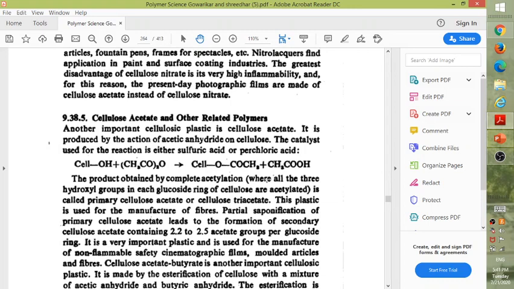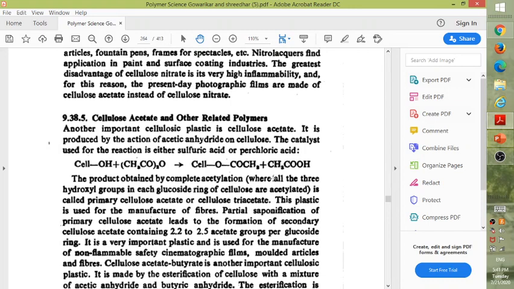You can easily represent cellulose by Cell-OH. Then cellulose acetate by Cell-O-COCH3, and we know the acetate group is CH3CO. So that is attached, and the byproduct is acetic acid.